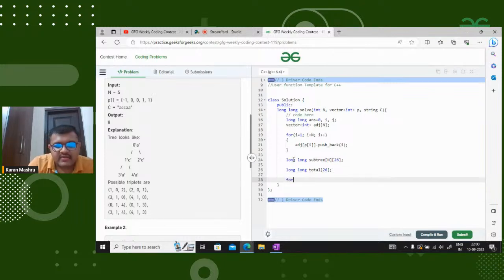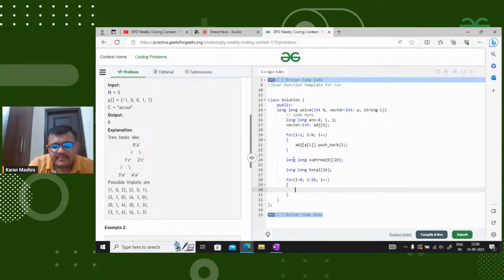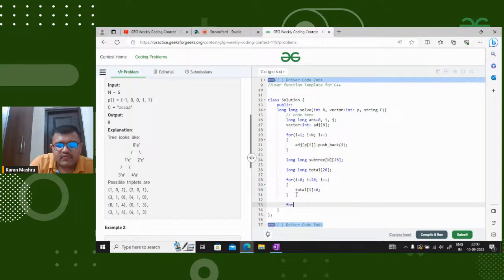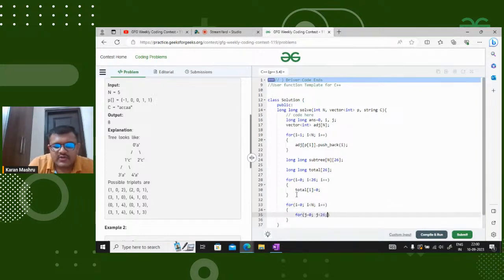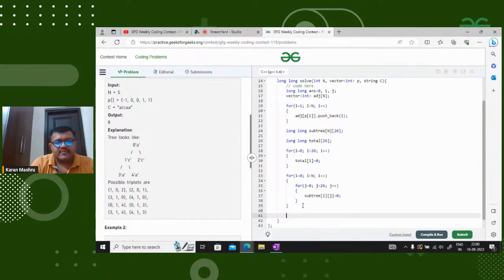So for i equals 0, i less than 26, i plus plus, let me make total of i as 0. Okay, and for i equals 0, i less than n, i plus plus, for j equals 0, j less than 26, j plus plus, subtree of i j equals 0. Okay, so I have initialized all of them with 0.